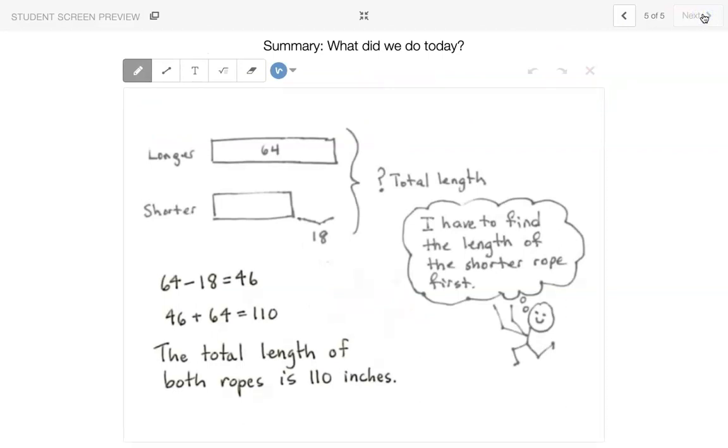Excellent. So let's see our summary: what did we do today? We read problems. We used addition or subtraction to solve them. We used tape diagrams to help us, and we worked with the customary units of measurement in length. Okay, bye-bye. Take care.